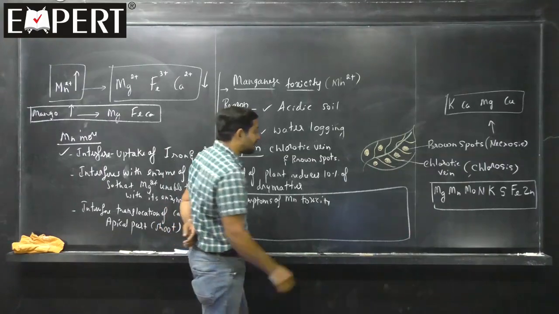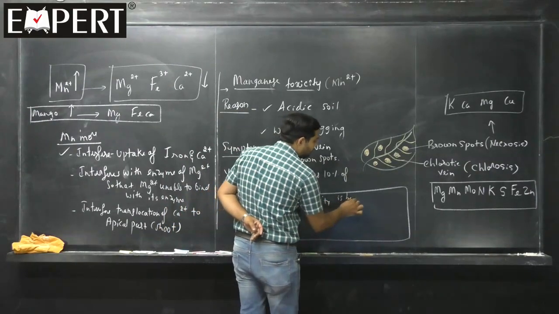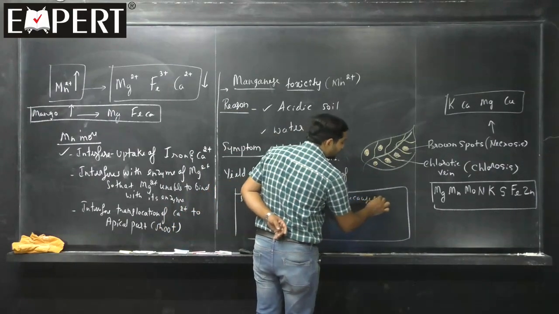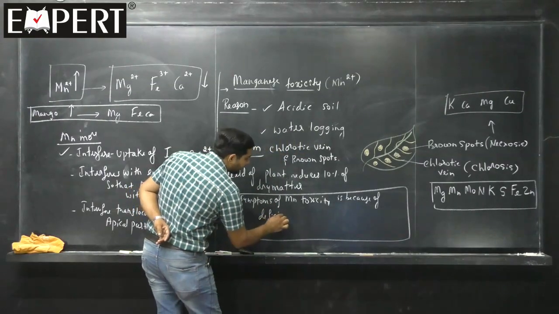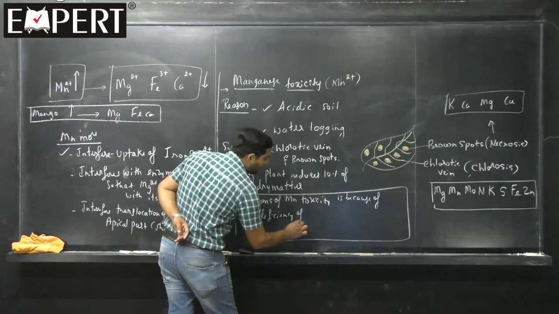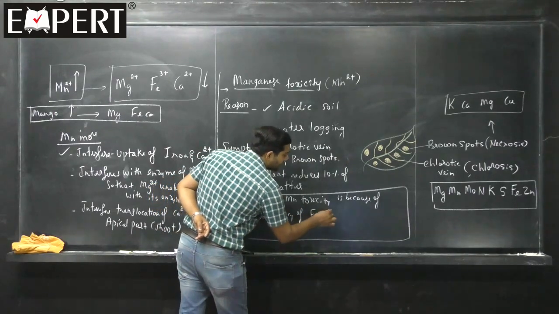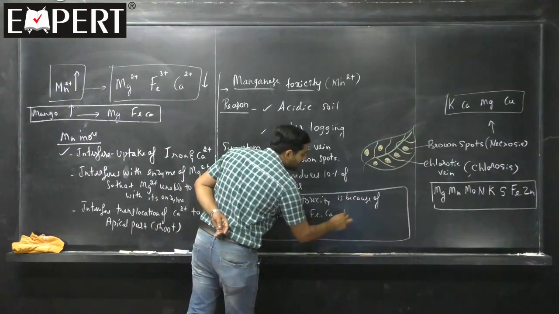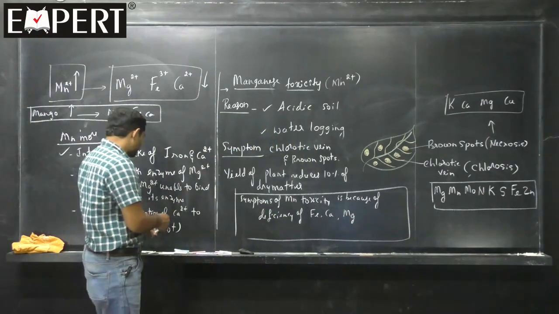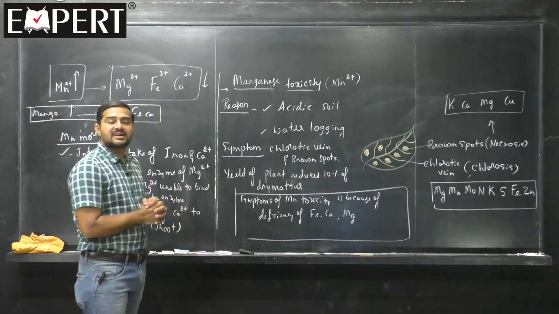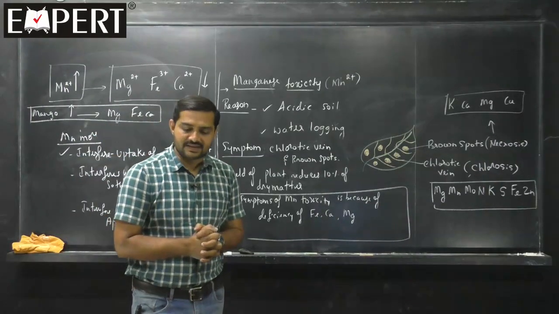Symptoms of manganese toxicity are because of deficiency of iron, calcium and magnesium. Remember, this was the information regarding manganese toxicity.